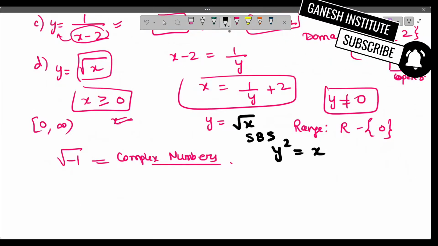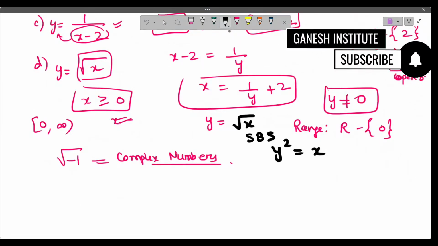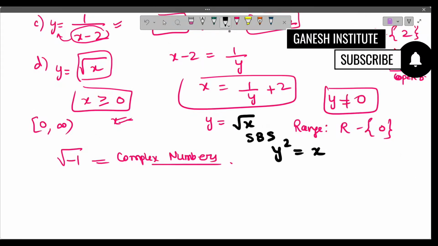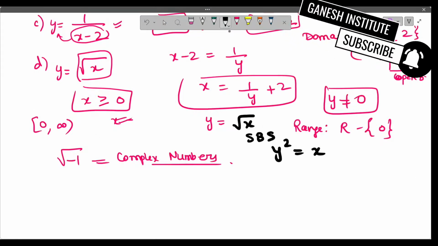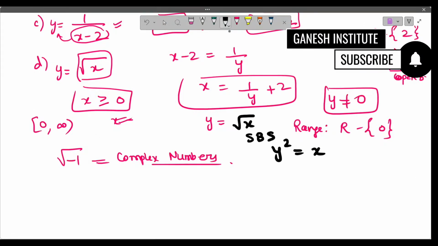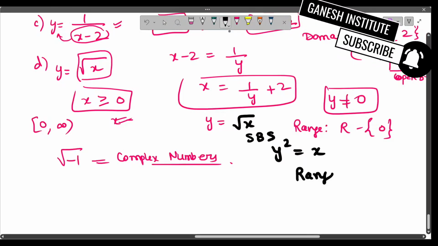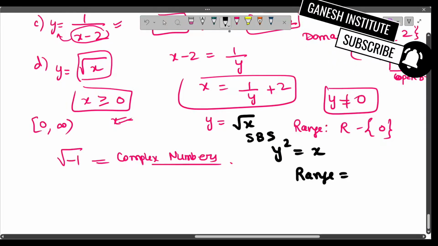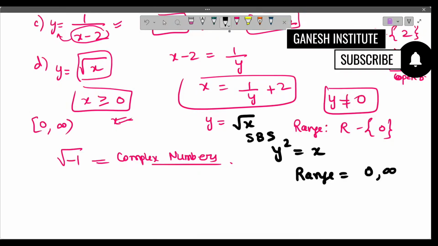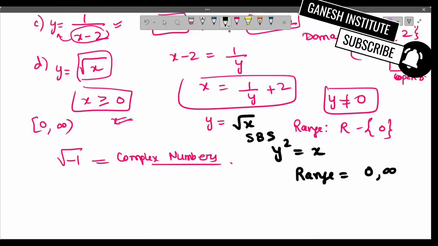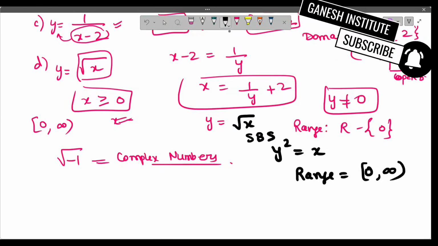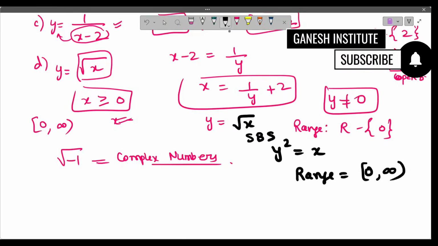So squaring both sides, y square has to be greater than or equal to 0. Tell me, what can be the range from here? y has to be greater than or equal to 0. Perfect. All the positive numbers. Is this fine?